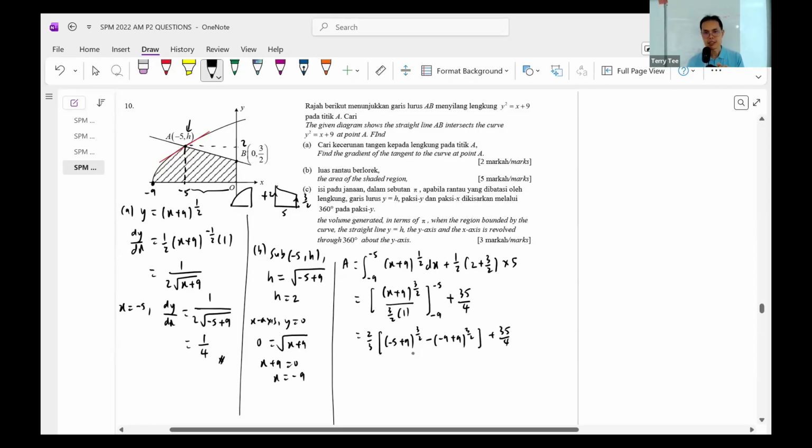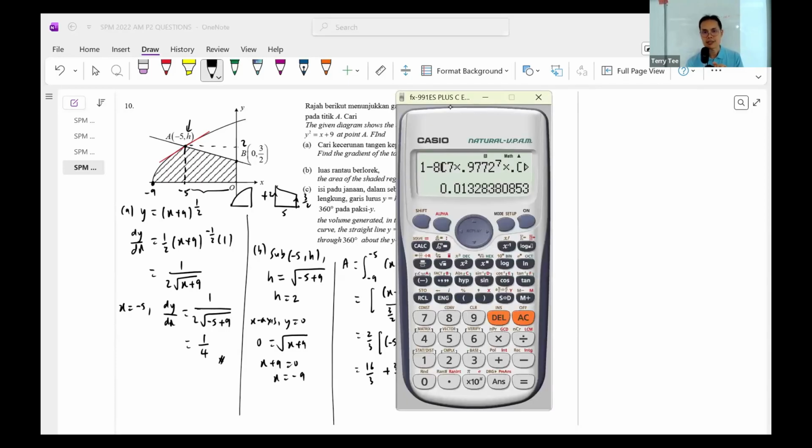So can we simplify this? I will use my brain to count. 9 minus 5 is 4, square root of 4 is 2, 2 power 3 is 8. 8 minus anything that is zero is still 8. 8 times 2 is 16 over 3, plus 35 over 4. This part I will just use the calculator, it's faster.